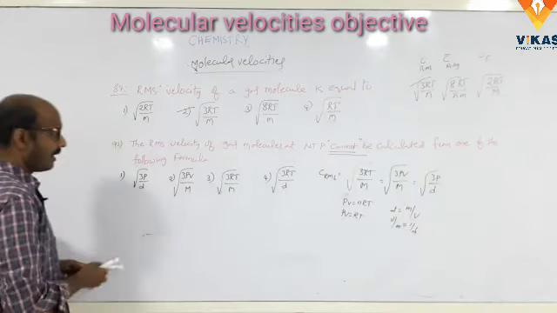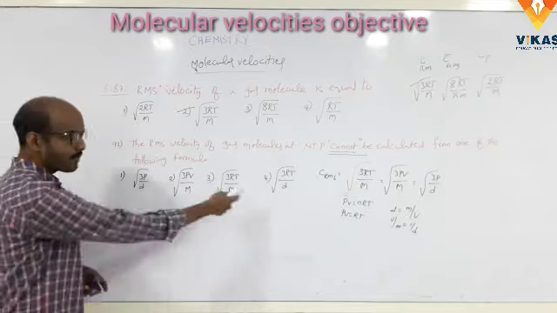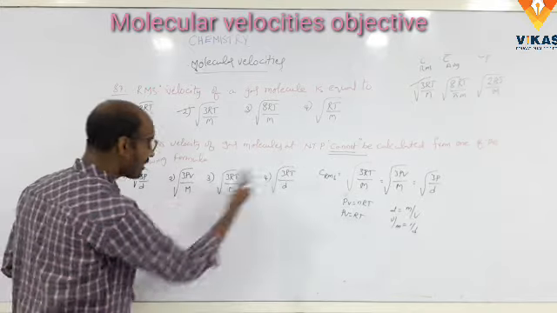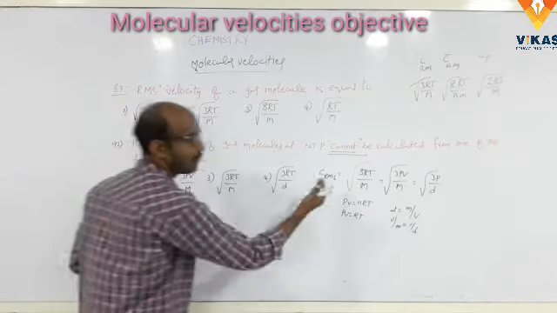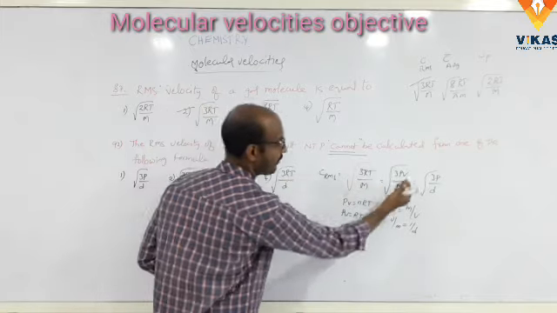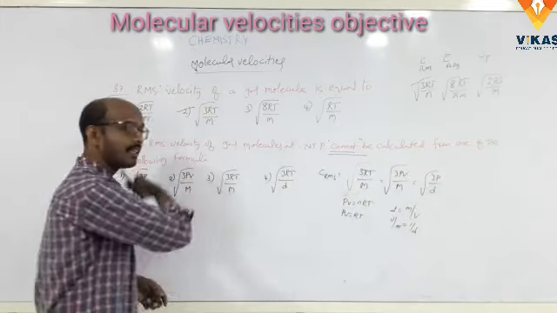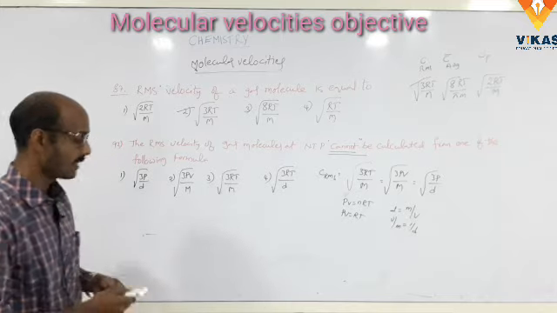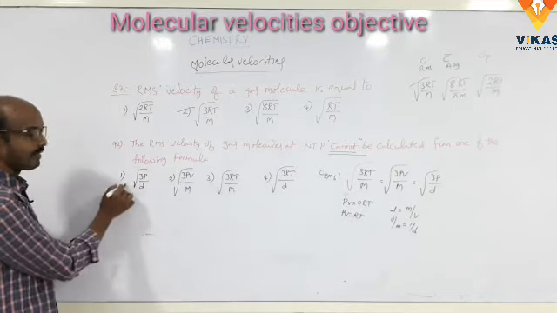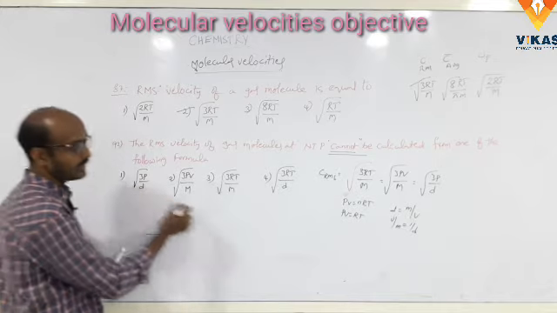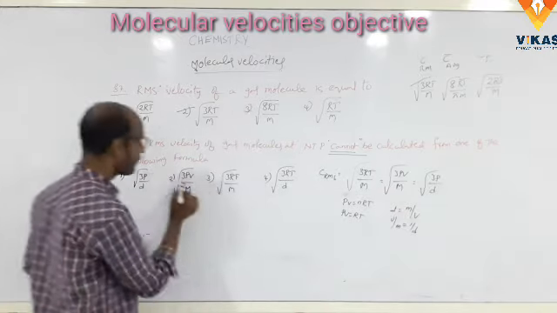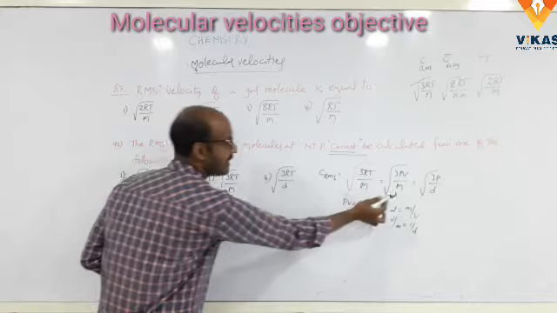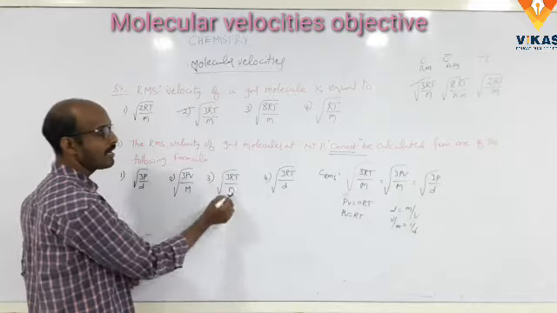Okay. In the RMS velocity, three of the four options are valid: 3RT by M, 3pV by M, and 3pV by D. But one cannot be used to calculate the RMS velocity. That is the wrong answer. Here the first one is under square root of 3pV by T, and the second, under square root of 3pV by M, is valid. The third, under square root of 3RT by M, is valid.